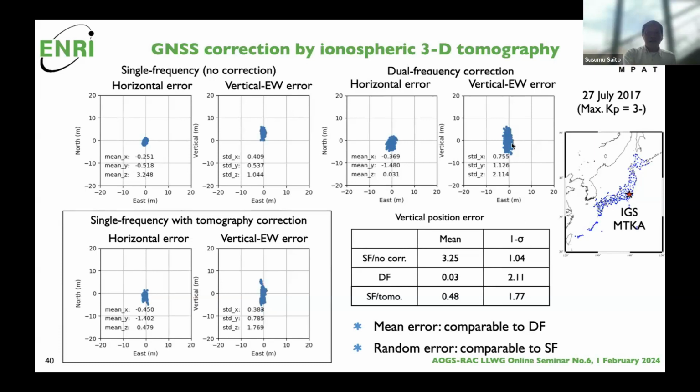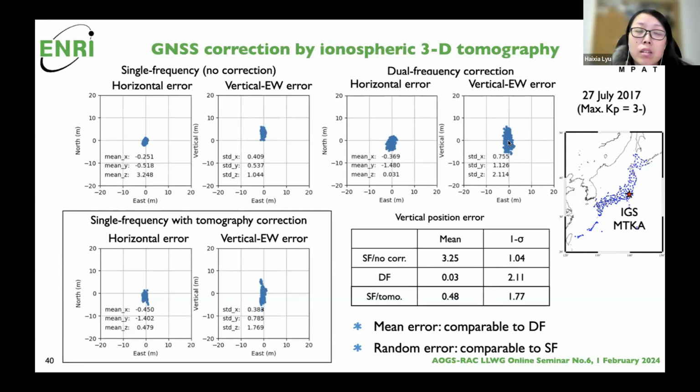And you can see if we use dual frequency measurement, then we can remove the vertical position error due to the ionosphere. But by combining two frequencies, we know that the random error is enhanced by a factor of 2.6. It is due to the combination of two frequencies.